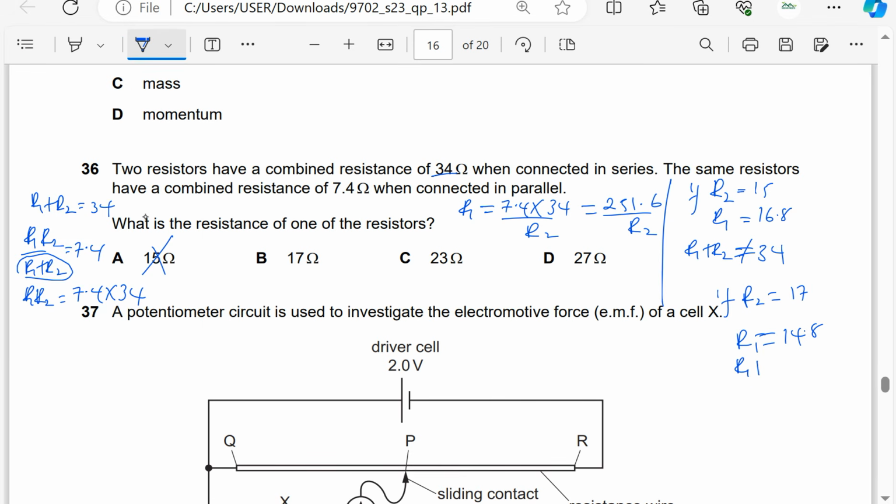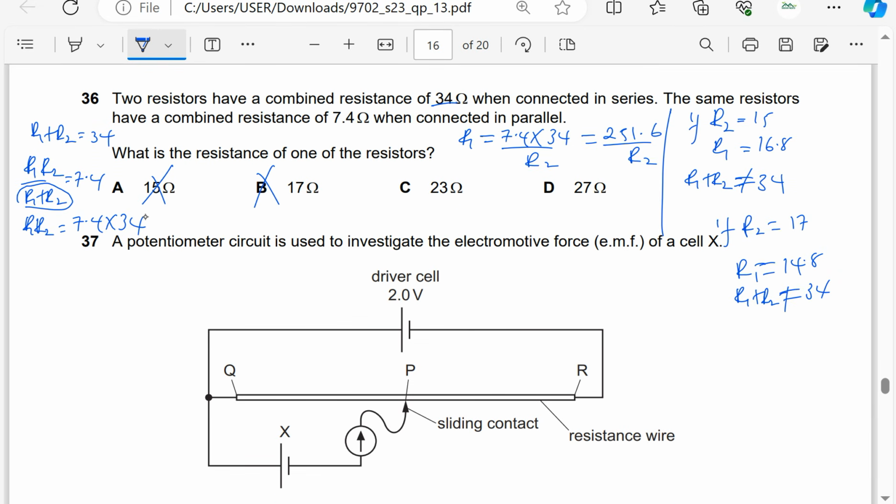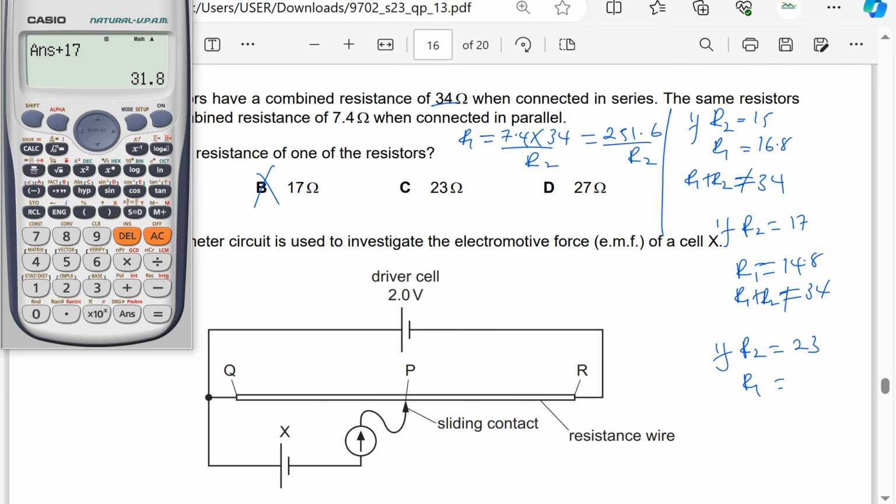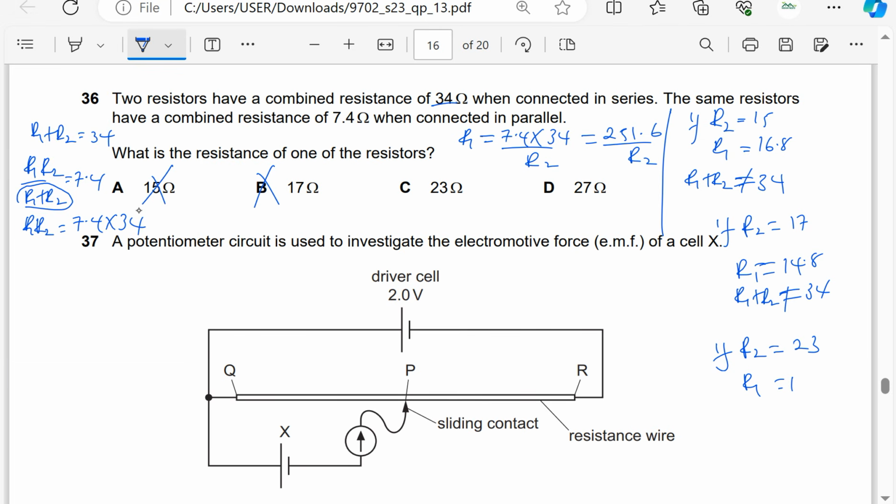So here also R1 plus R2 is not equal to 34. So I cross out this one. Let me check the next one. If R2 equals 23, what is R1? So R1 will be 251.6 divided by 23, which is 10.9.